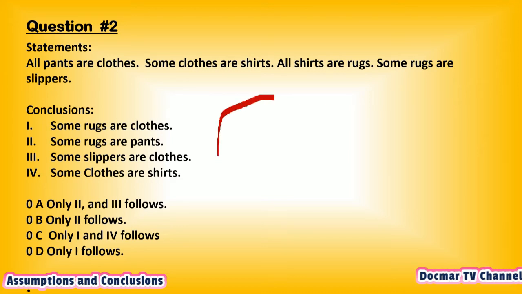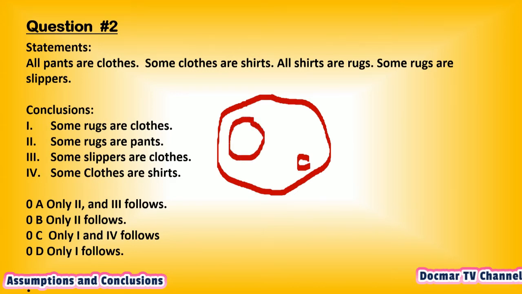So we have to draw a circle first. Who owns the big circle? This is the circle, though it's not a perfect circle. So this one is for clothes. All pants are inside the clothes. So this is P.